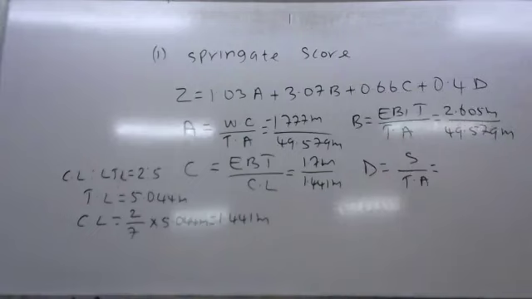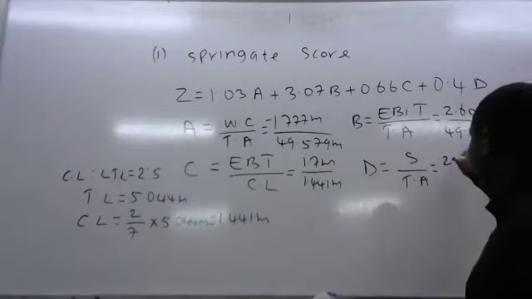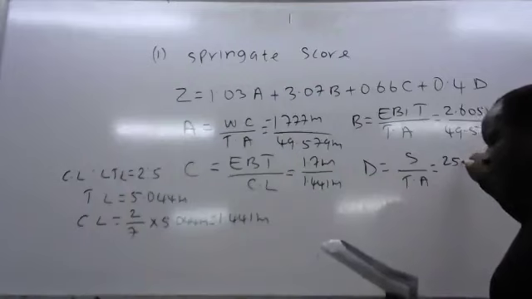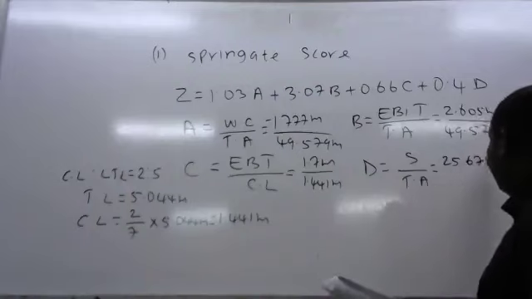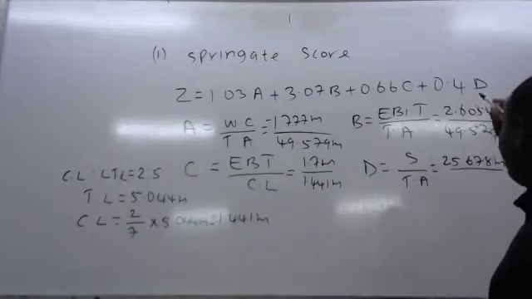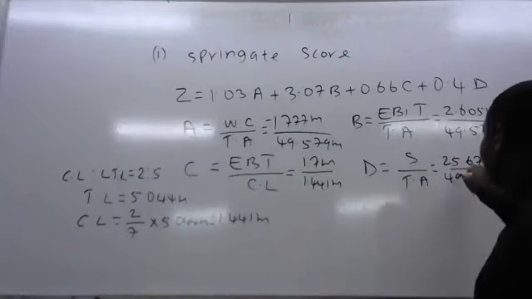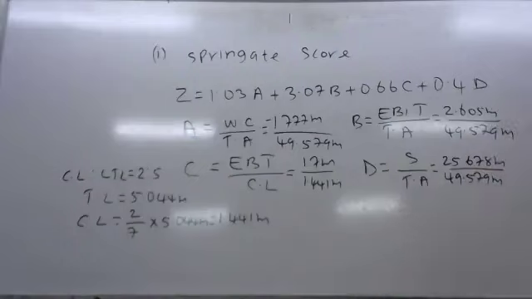Sales were given in the question. It is 25.678 million. Total assets, we know it is 49.579 million. So we have now specified those ratios.